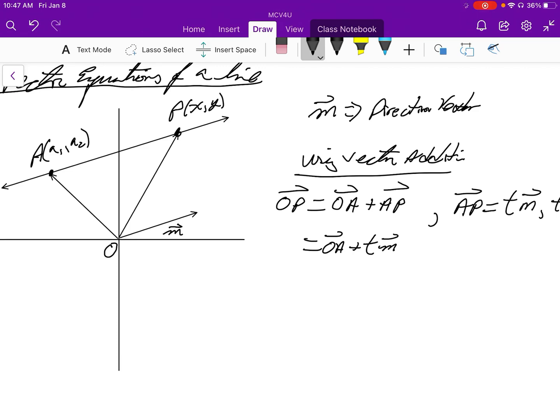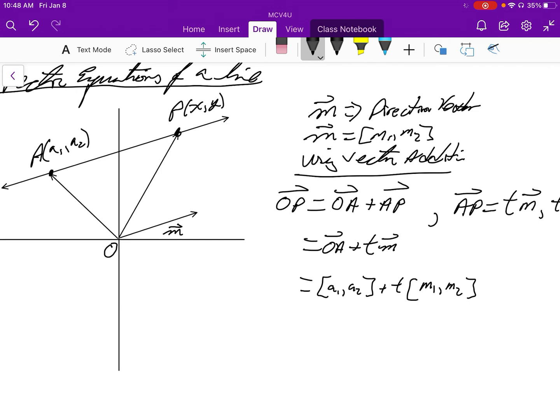right? OA is the vector A1, A2. T is the scalar. Now M, the direction vector, we can just state up above here as M1, M2, right? So we've got M1, M2, the direction itself, okay?